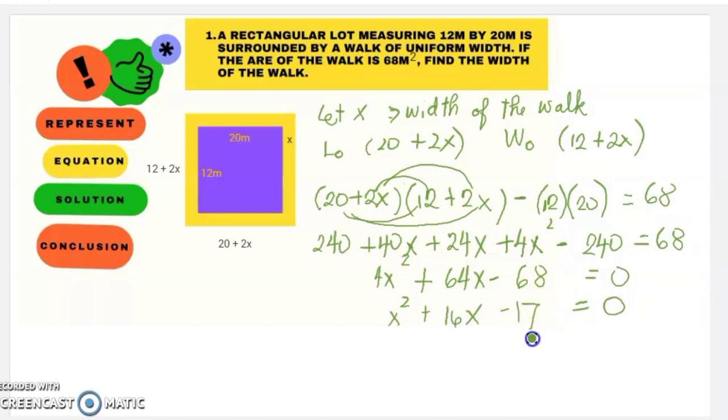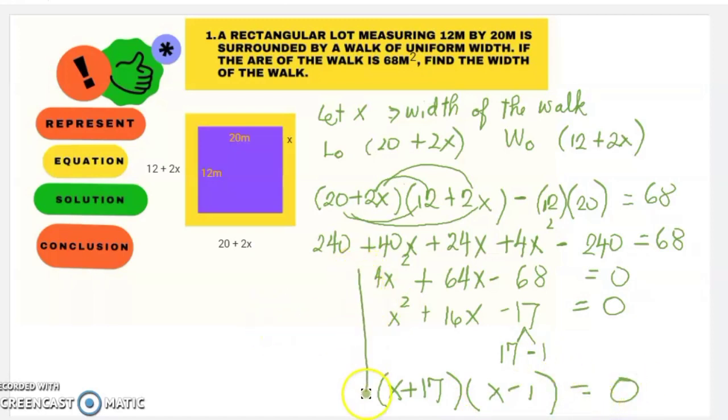So, we can solve this by factoring. Ano yung factors ni negative 17 na kapag pinag-add natin, positive 16 ang kalalabasan? So, madali lang. 17 tsaka negative 1. So, the factors of this are x plus 17 times x minus 1 equals 0.